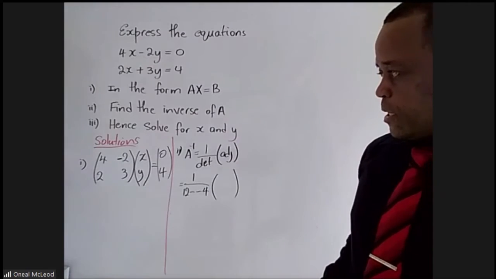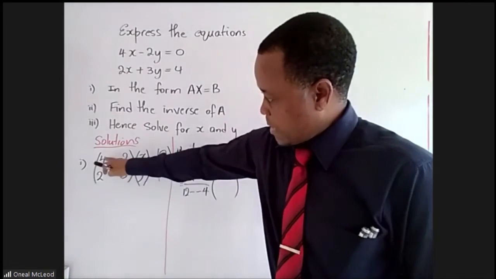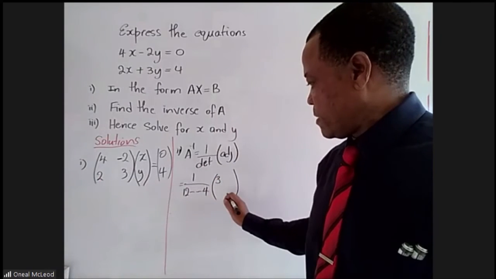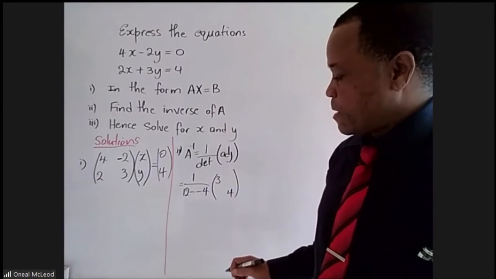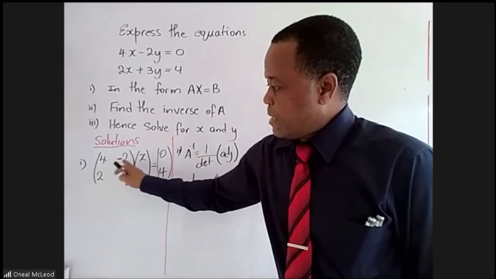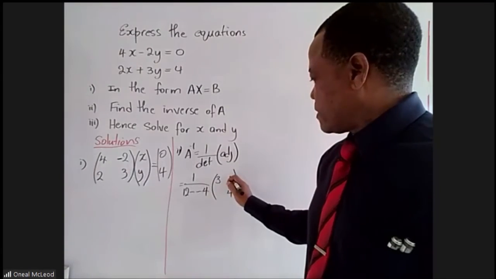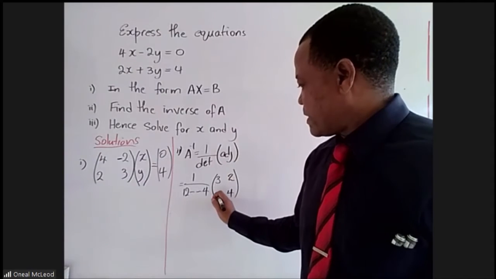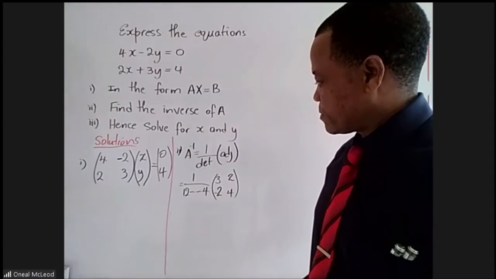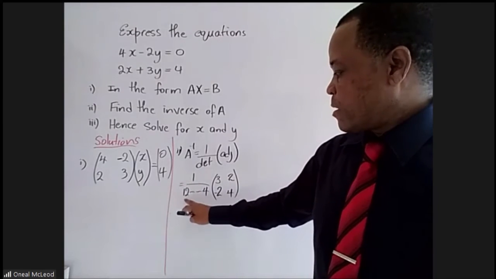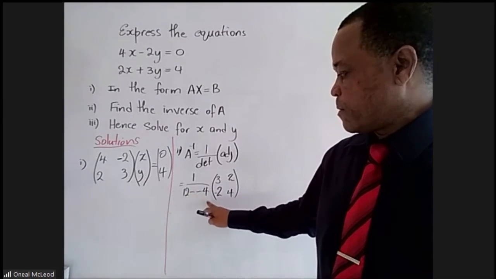Our adjoint here now will be interchanging the leading elements. So you end up with 3 up there and 4 here. Multiplying the non-leading elements by negative 1. So that will end up giving us positive 2, and that would be negative 2. All right. Now here we have 12 minus negative 4.